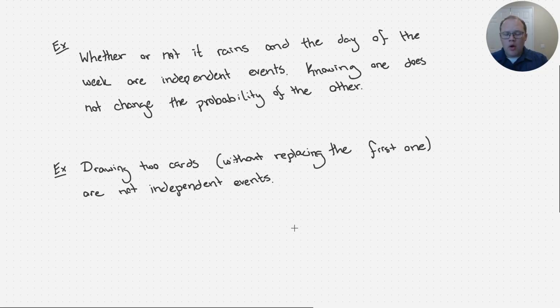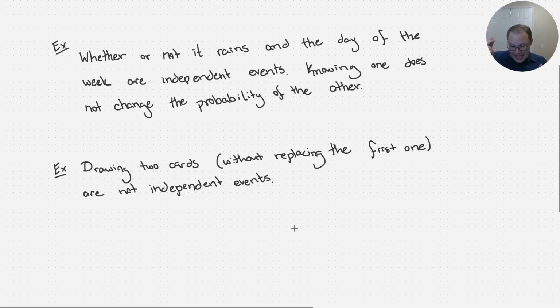Well, if I draw a card, let's say it's the Ace of Spades. Now I have that Ace of Spades in my hand and I go to draw another card. That deck isn't the same deck I started with. Because I grabbed that Ace of Spades, the probability changed. For example, now I can't draw the Ace of Spades.